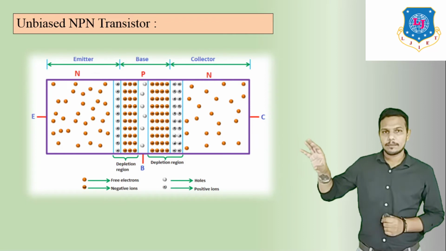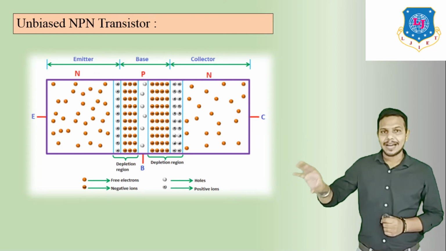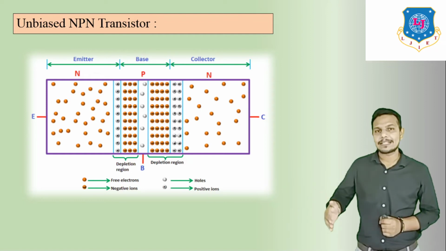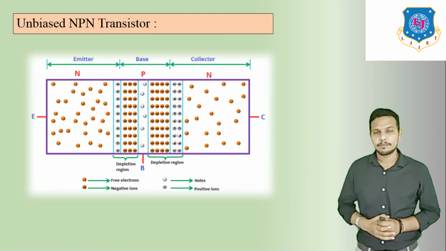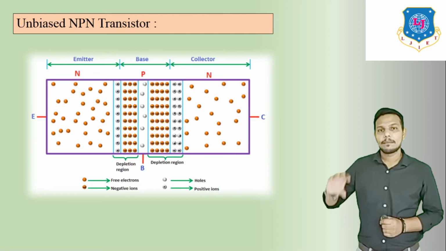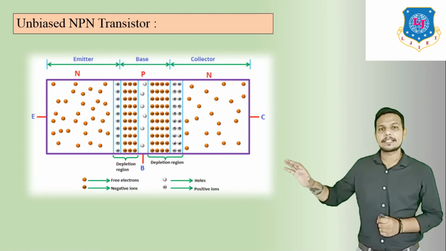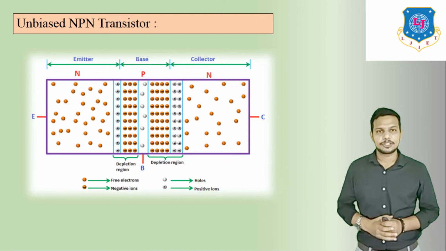The number of electrons and ions is more inside the p-type material, or we can say inside the base terminal, because the minority carrier charges there are electrons, as we can see from this construction of the NPN transistor.